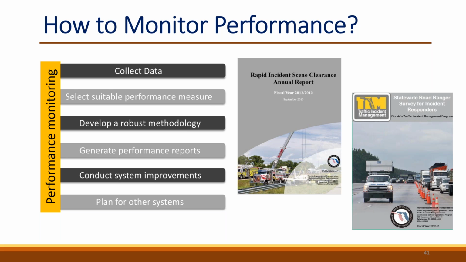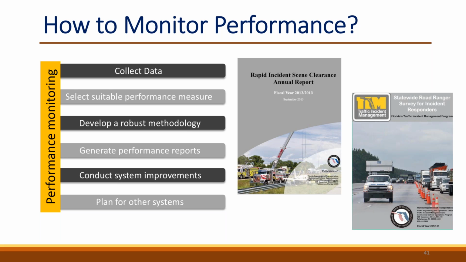We need to collect the data first, and then we need to select suitable performance measures. As I mentioned in my earlier slides, there are several performance measures that could be used to quantify the safety and mobility benefits of TSMO strategies. Do we use average travel time, or travel time reliability? Do you use buffer index, or planning index?